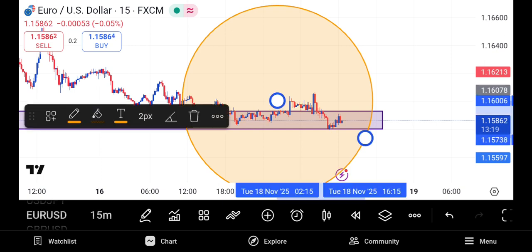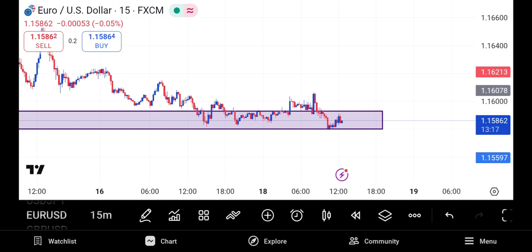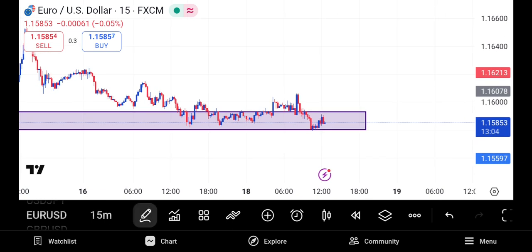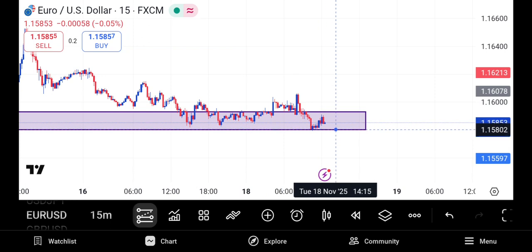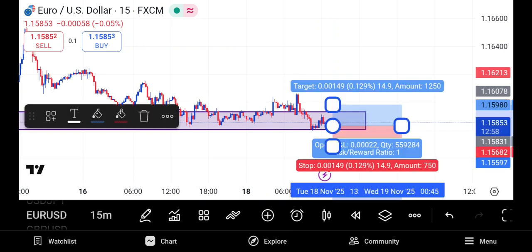So before we enter the trade, we gotta wait for a confirmation. What I like to say is don't just trade, but wait for an A+ setup, right? So now we're on the 15-minute time frame and we're looking for a long position, right? So what are we gonna do?